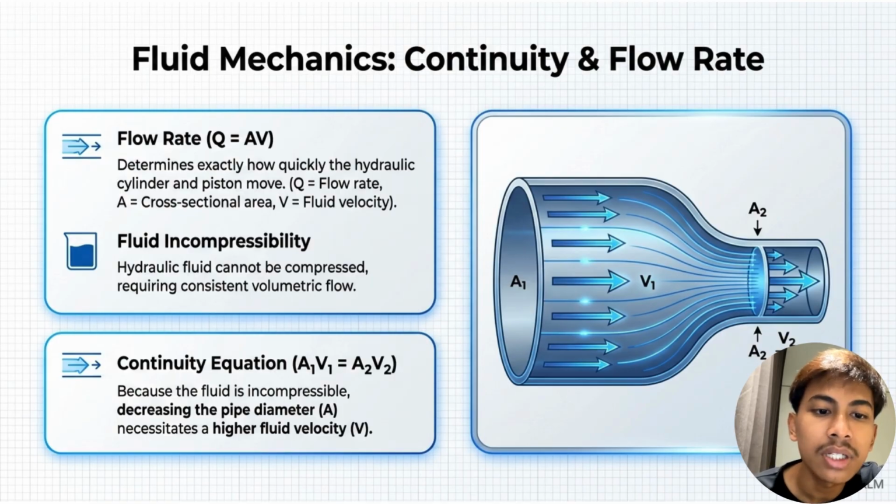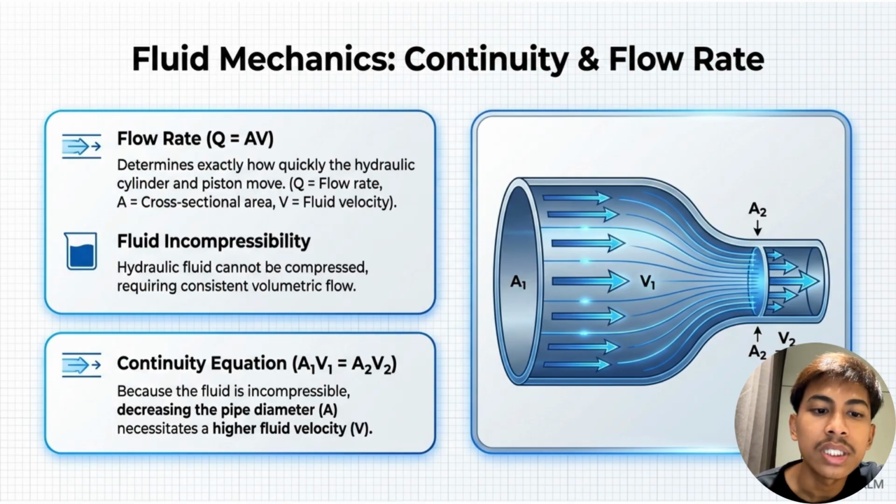Next, hydraulic fluid is considered incompressible, meaning its volume does not change when pressure is applied. Because of this, the same amount of fluid must flow through every section of the hydraulic system. This is described by the continuity equation A1 V1 equals A2 V2.